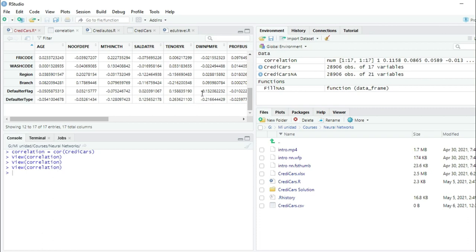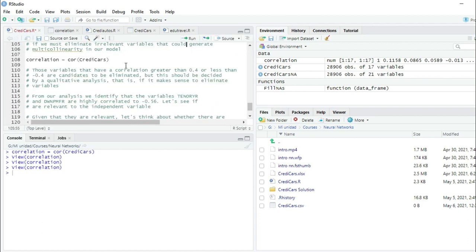So we should now see if there is a qualitative reason why these variables are correlated. So if one depends on the other. And at least for me, it's difficult to think of one reason why someone who has a high time of employment will provide a down payment fraction.